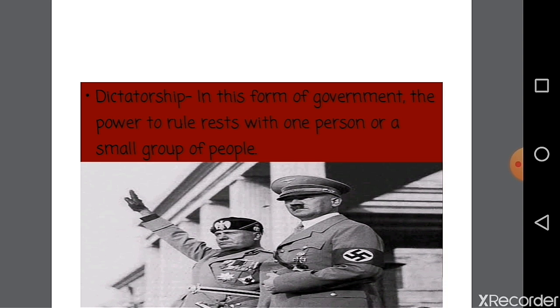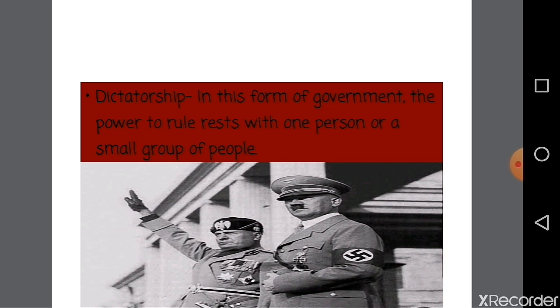And whenever we hear the word dictator, just one image comes to our mind, that is Adolf Hitler of Germany, of Nazi party.